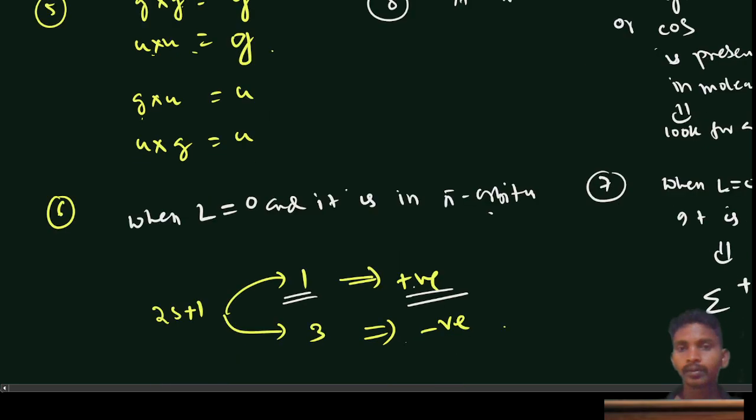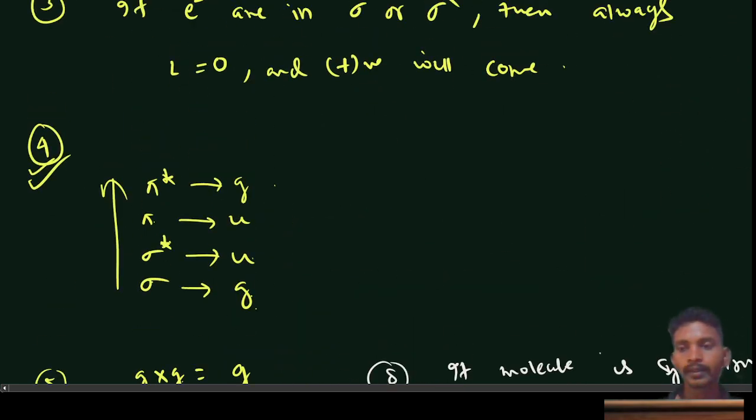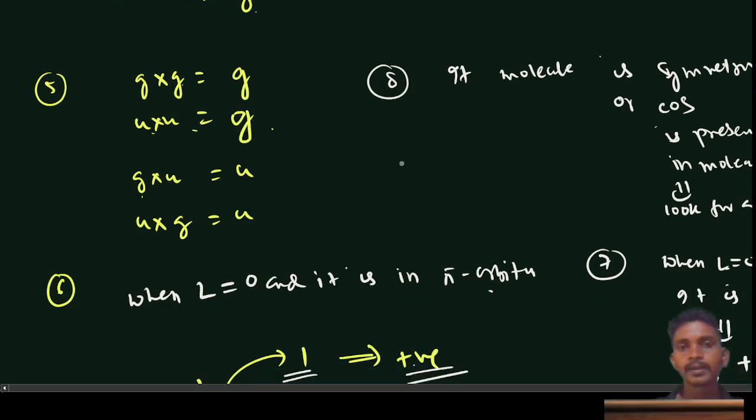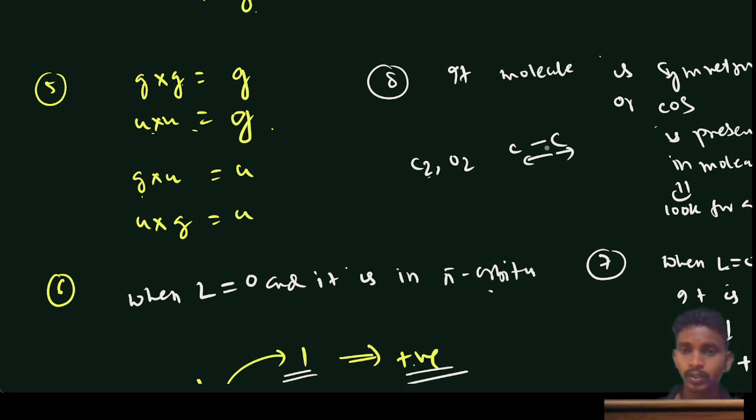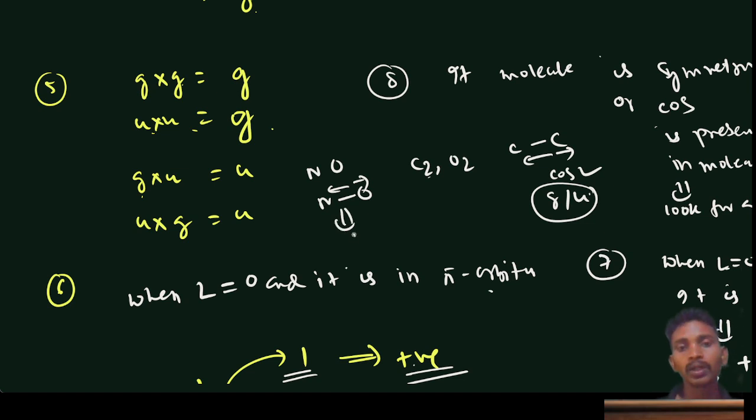Like in the carbon dioxide case, on both sides the center of symmetry is present, so we will check for zeroed or unzeroed. But like NO, where N and O have no center of symmetry, here you will not look for zeroed or unzeroed.